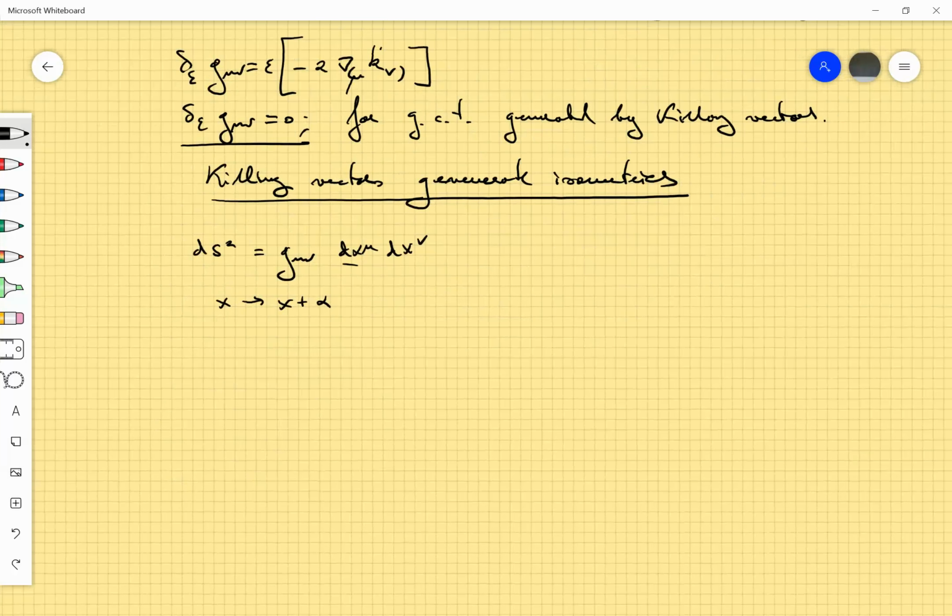And the explanation is based on a theorem that tells you the following. If you have a Killing vector for the metric g_{μν}, then there exists some coordinate system.